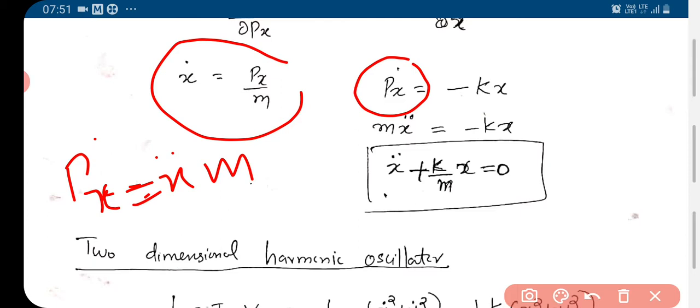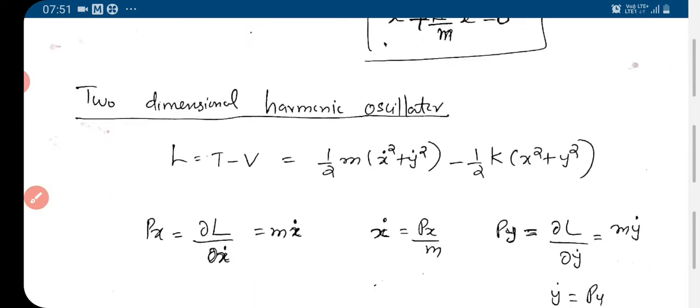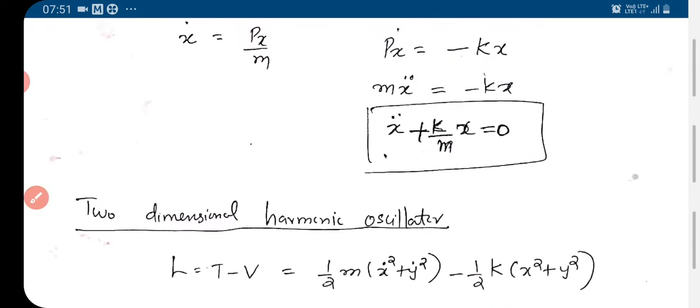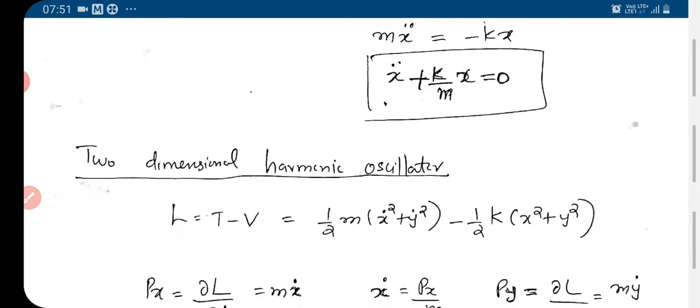So we substitute for that, m x double dot minus k x, and we have x double dot plus k by m x equals 0. So this is the equation for the linear harmonic oscillator. So using Hamilton's equations, we can obtain the equation for the one-dimensional oscillator.